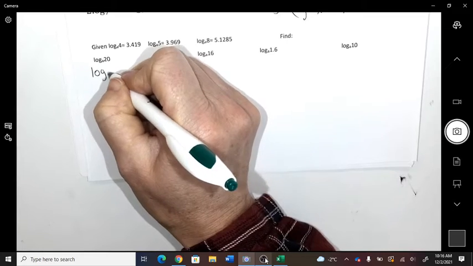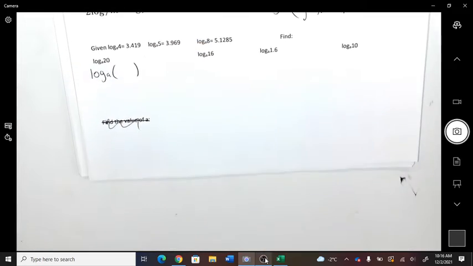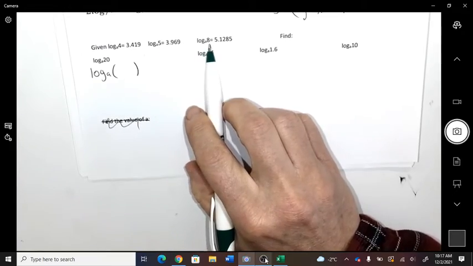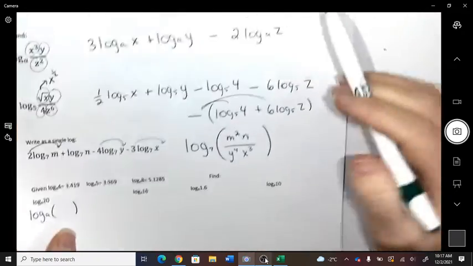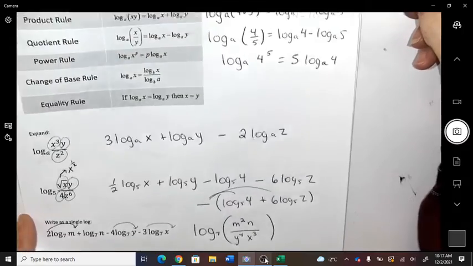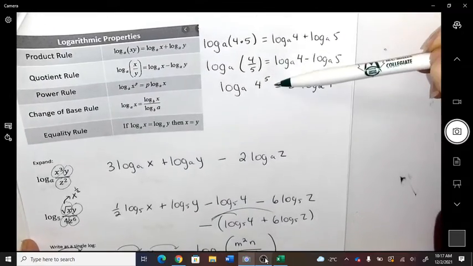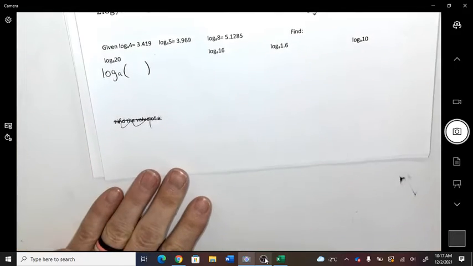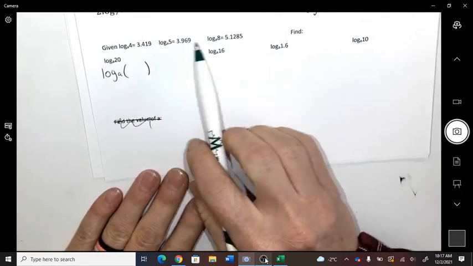I want you to think about how you could make a 20, and you're only allowed to use a 4, a 5, or an 8, and you're only allowed to multiply things, divide things, or exponent things. How can you produce a 20 using a 4, a 5, or an 8?